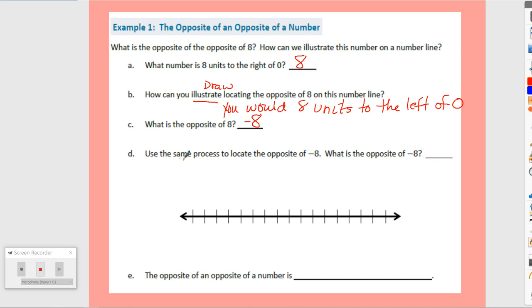Use the same process to locate the opposite of negative 8. So it wants us to use this nice little number line. So I'm going to go ahead and label these. Remember that we are labeling the lines, not the spaces.